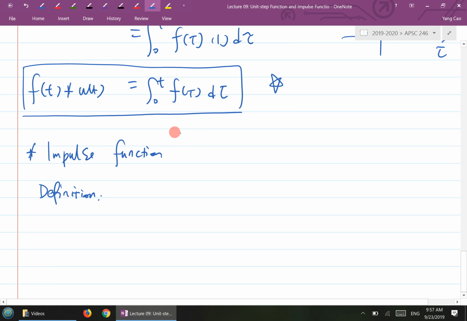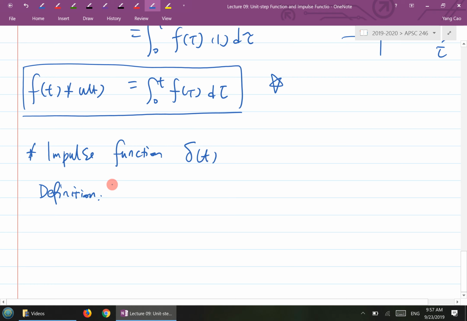For the impulse function, we will use delta. So you write the delta like this, starting from the bottom, and then it goes up. That's your delta. So delta t will be used exclusively for the impulse function. In this class, whenever you see delta t, it doesn't mean anything but the impulse function.